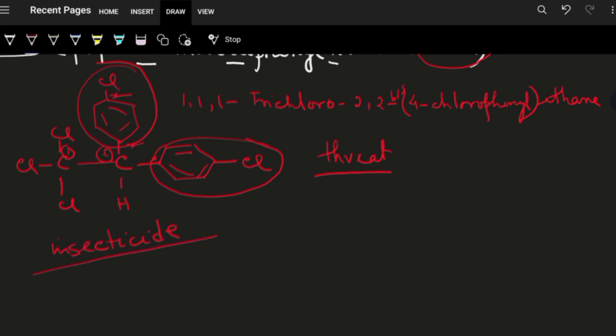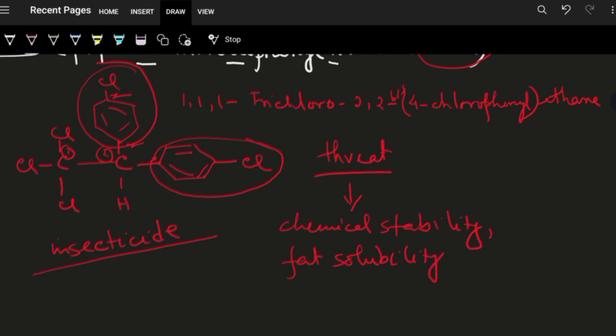But it is a threat to the society or to the environment. Why? Because if people use DDT, this DDT goes to the water bodies. The problem with it is its chemical stability. DDT is highly stable. The problem is its chemical stability and fat solubility. These two are the real problem.